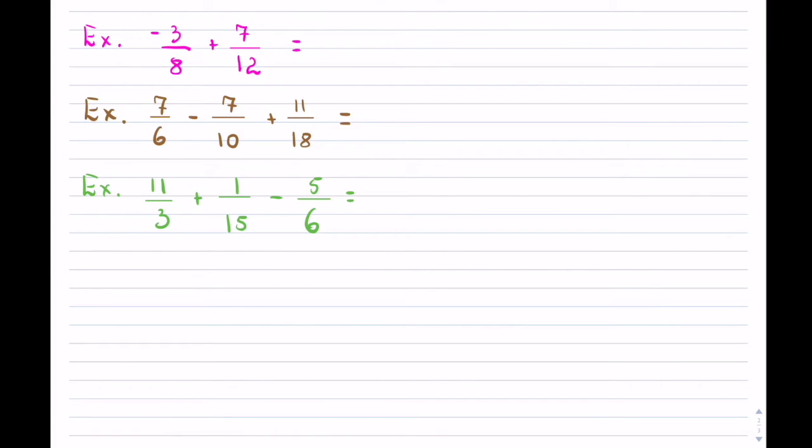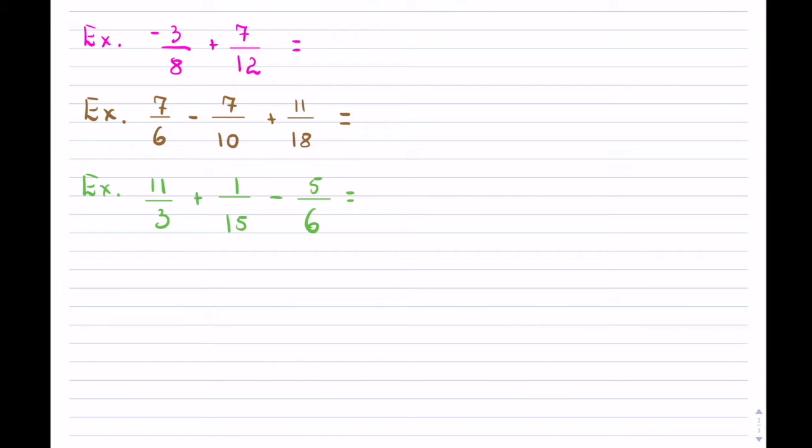The first example doesn't have a common denominator. Neither does the second or the third. So what do we do in order to find a common denominator? If you have some fraction experience, a lot of people will just start guessing, and they might see that a common denominator between these two is maybe 24, and that's indeed the case.